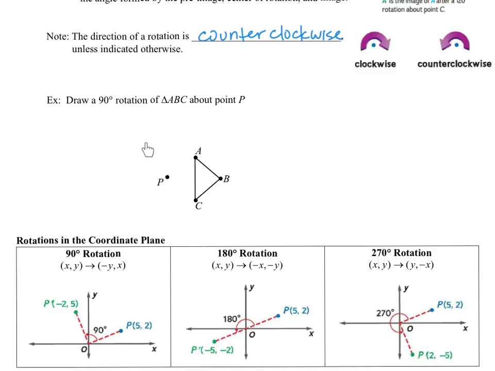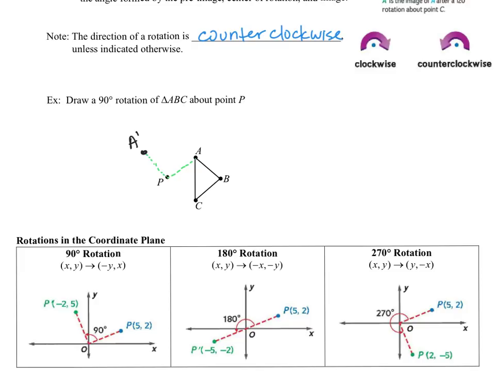According to the definition, the distance from P to A and from P to A prime should be the same, and also the angle formed by A, P, and A prime should be a 90-degree angle. Now we're just going to do this freehand. I draw a segment from A to P, and then a second segment from P to where we think A prime ought to be.